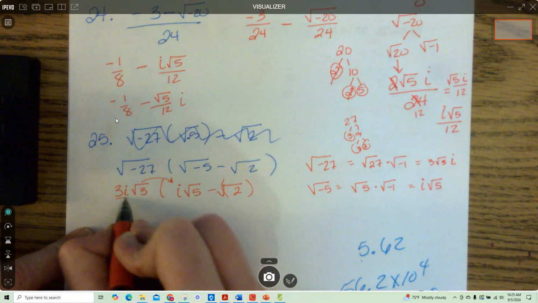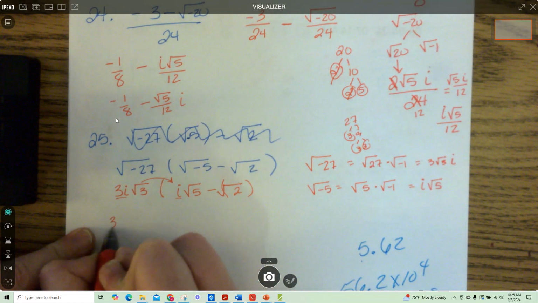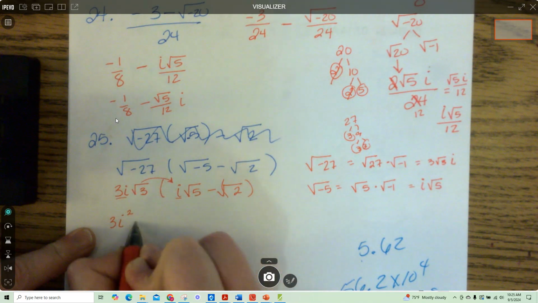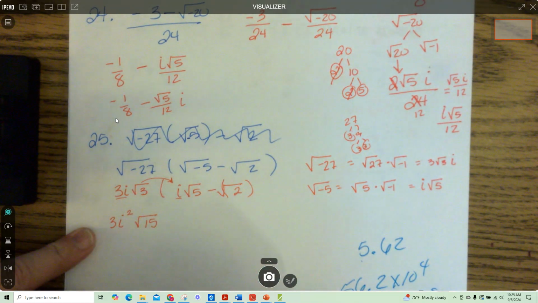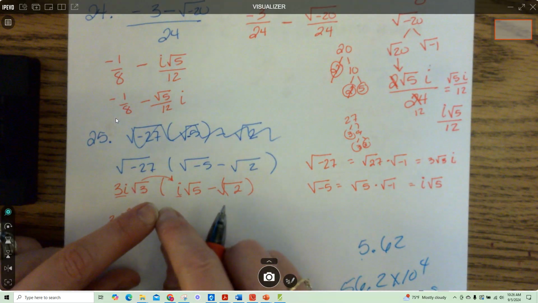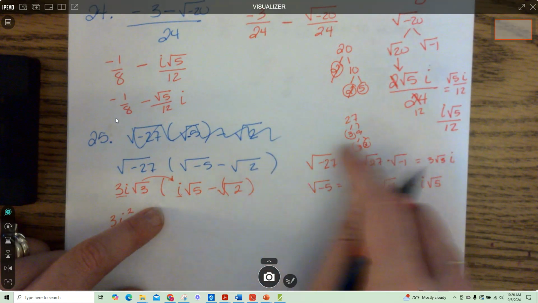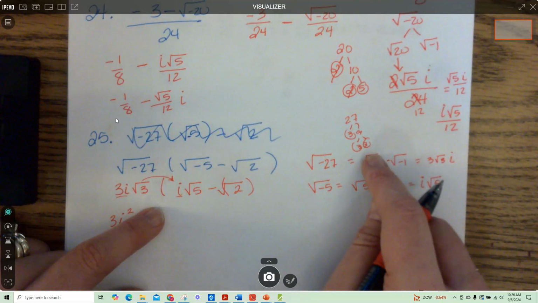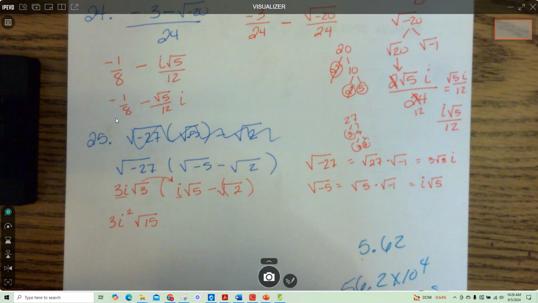Distribute, right? So 3i times i would be 3i squared. Square root of 3 times the square root of 5 is the square root of 15. You can multiply what's underneath those radicals together. It's the opposite of what we're doing here. We're putting it back is what we're doing.